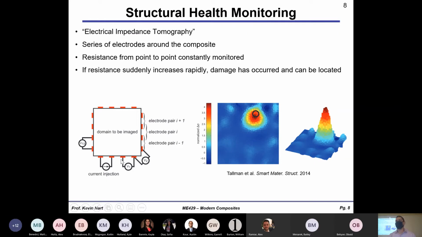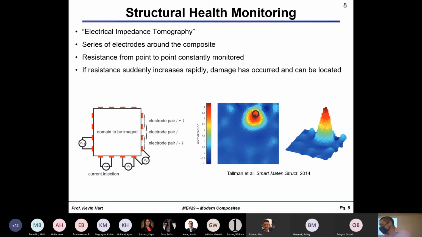All right, so the idea is that you get this map of the electrical conductivity of this piece from one location to another, because your material is made out of carbon and you have the ability to measure some resistance over distance on this piece. So I can look at this node, what's the resistance to all these pieces? This node, what's the resistance? And if you see a sudden increase in the resistance from node to node, you can know that between the node that you're looking at and that node over there, some damage has occurred that has interrupted that electrical conductivity.